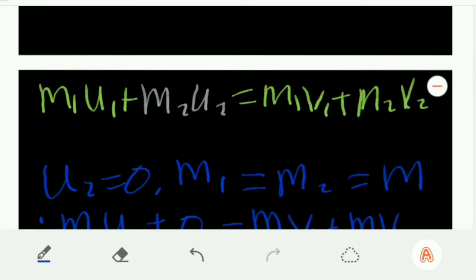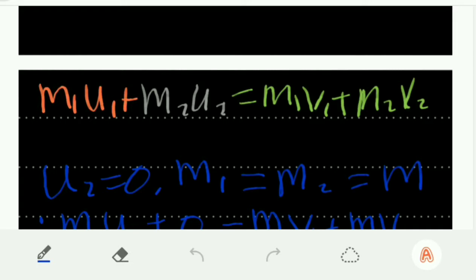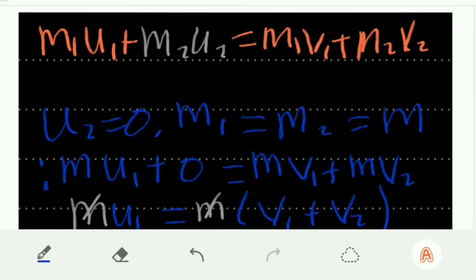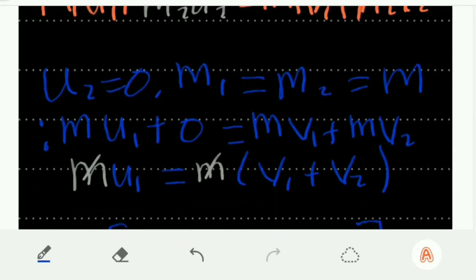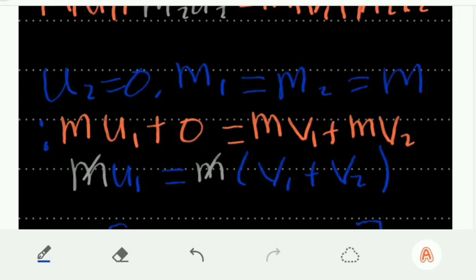Then we have that m1 u1 equals m1 v1 plus m2 v2. Because u2 is 0, m2 u2 is going to be out of that equation. So this is what we're having here: m u1 plus 0 being equal to m v1 plus m v2.